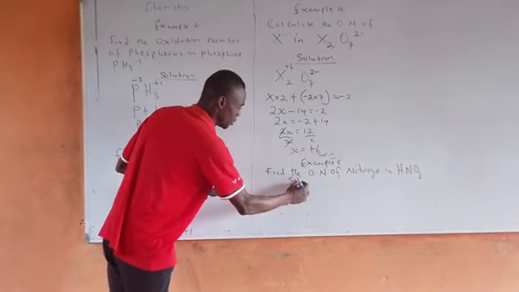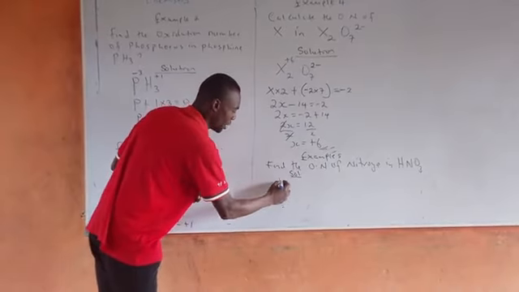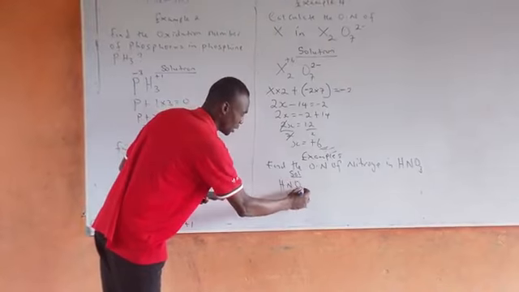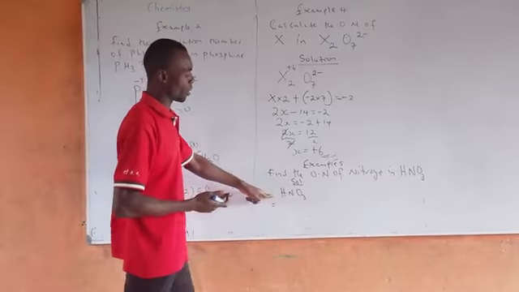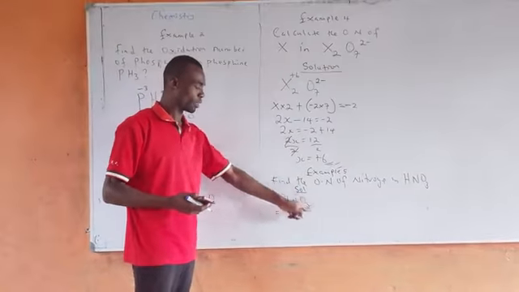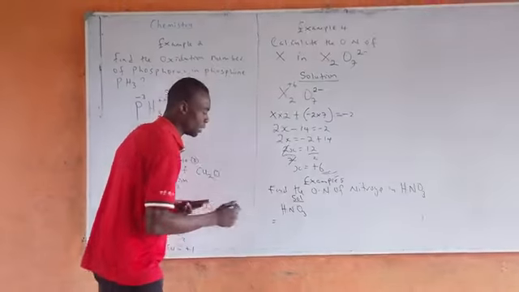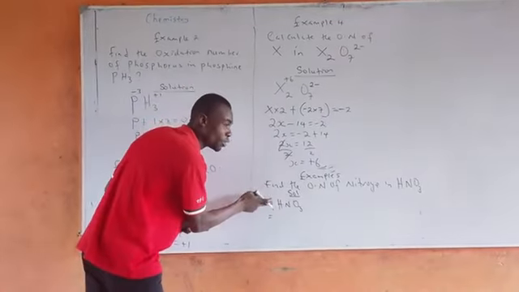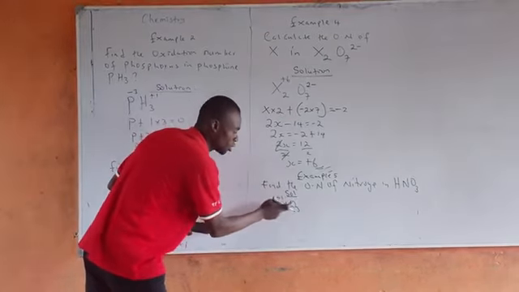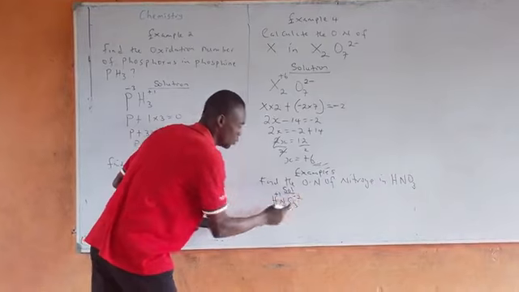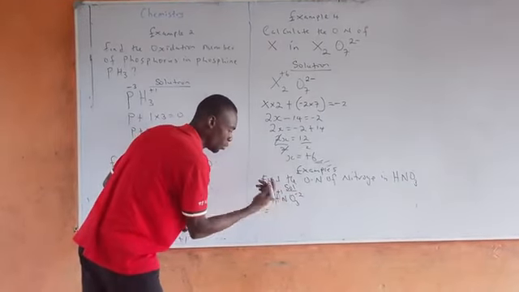When you say solution, we are having HNO3. Now, the sum of oxidation numbers in a neutral compound is going to be 0. The oxidation number of hydrogen is +1, and of oxygen is -2. Now, we are looking for nitrogen. What will you do?